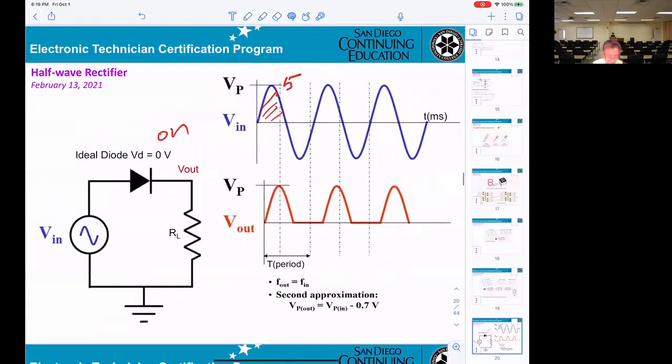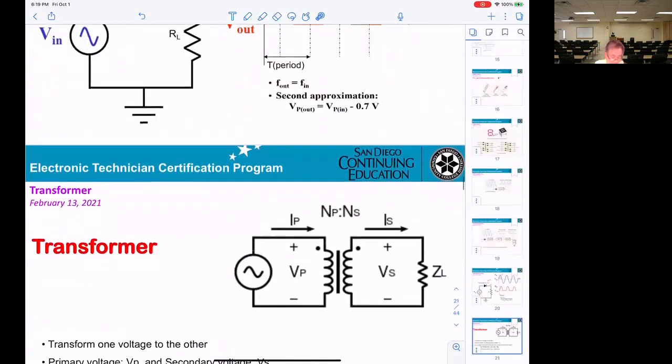Okay, by the way, in here they already tell you for the half-wave rectifier, the frequency input, okay, and the output the same. If you get 1 kilohertz, then the output is also 1 kilohertz. Okay, and for the second approximation, if you want V peak out, you have to take V peak in minus 0.7 for silicon diode.